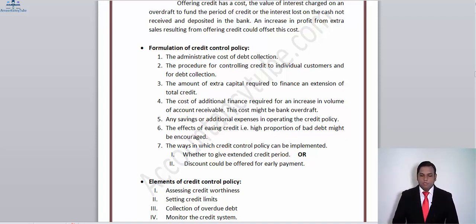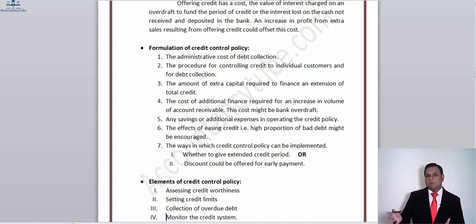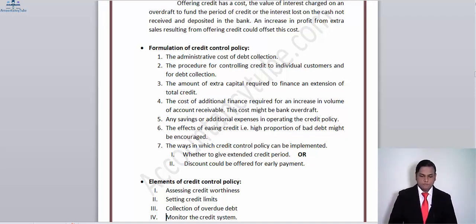Then we have the procedure for controlling credit to individual customers and debt collection. The debt needs to be controlled by procedures through which we will be coordinating with the customers. Then we have the amount of extra capital required to finance an extension of total credit.